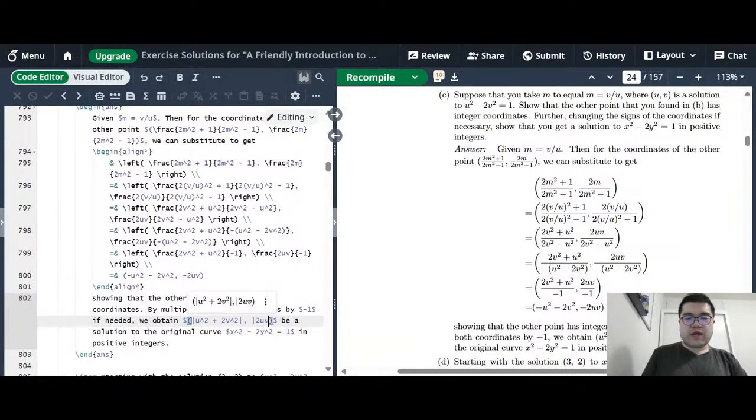And here's the reason why I put the absolute value there: we don't know if the end result is always positive or always negative. There's no guarantee.